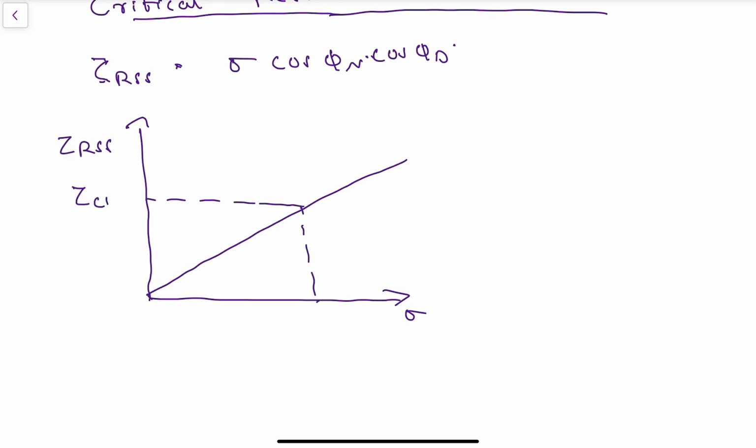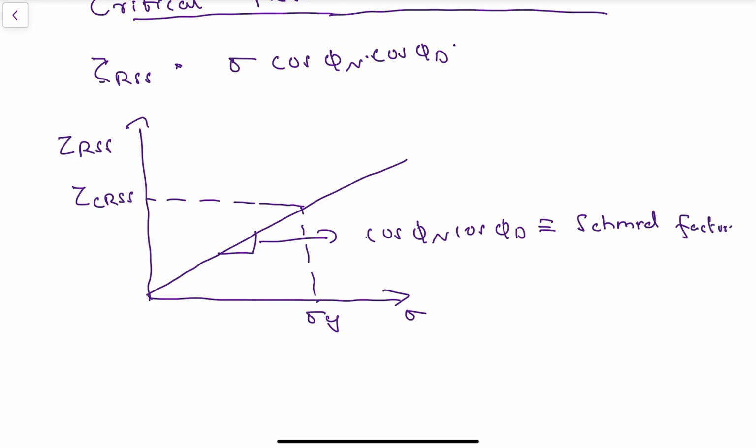That means tau CRSS corresponds to sigma y, and this slope will give you cos phi n cos phi d. This is the Schmidt factor.